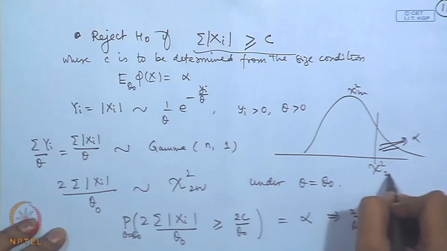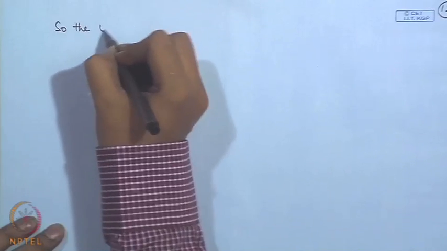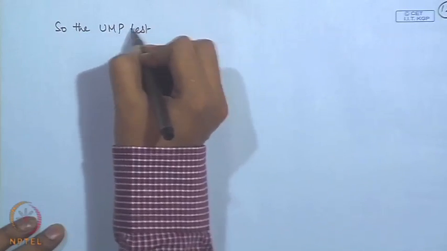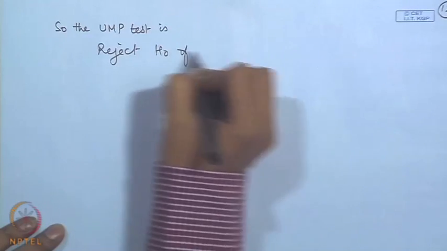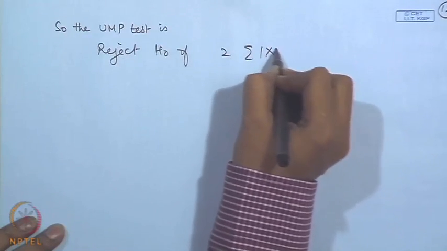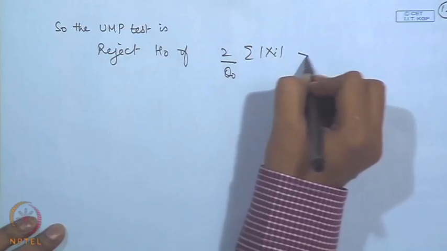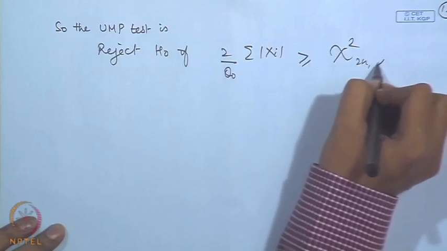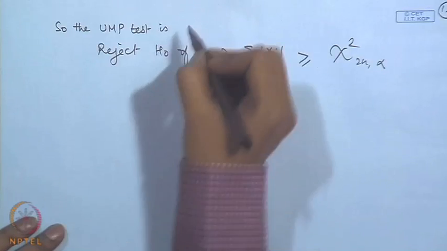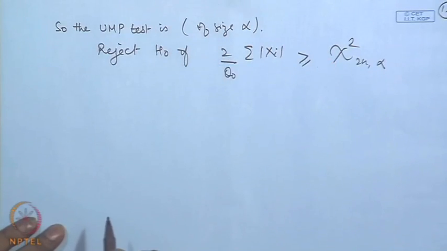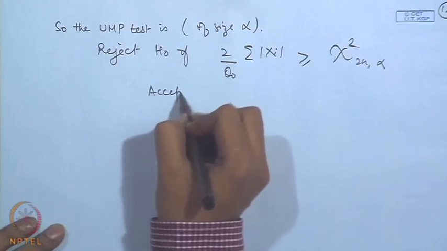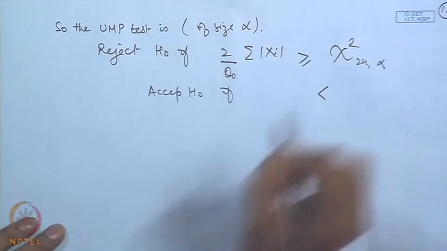So, this is the chi square 2n alpha point. So, the UMP test is: reject H naught if twice sigma modulus x i by theta naught is greater than or equal to chi square 2n alpha. This is a UMP test of size alpha, and of course, accept H naught if this is less.